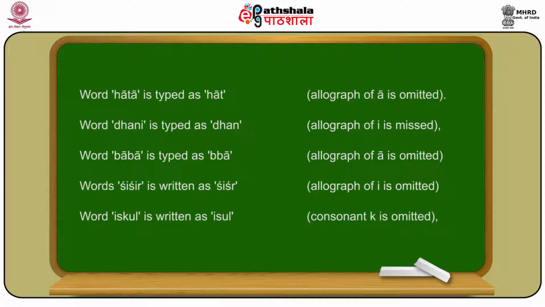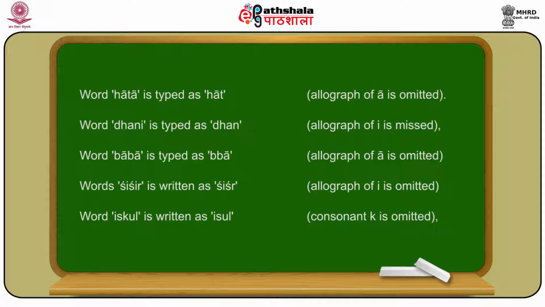For the Bangla corpus, I have noted that in certain cases the word hata, which means a kind of spoon, is typed as hat. That means the last allograph that has to be attached to the last character is missing. It is not typed. Sometimes dhoni, the sound, is typed as dhan, or baba, father, is typed as bab, or sishu is typed as sisi, or school as isul, so ko is missing.